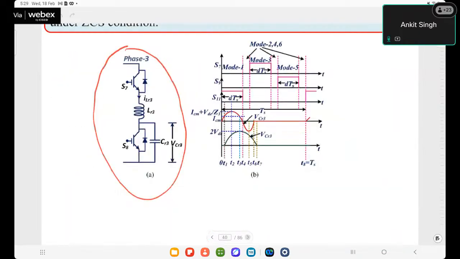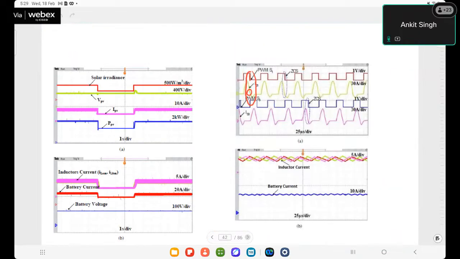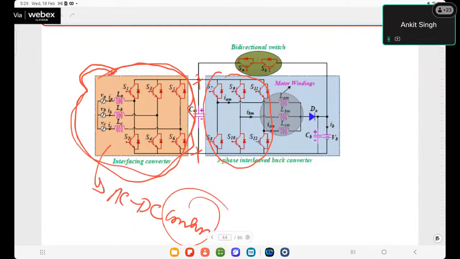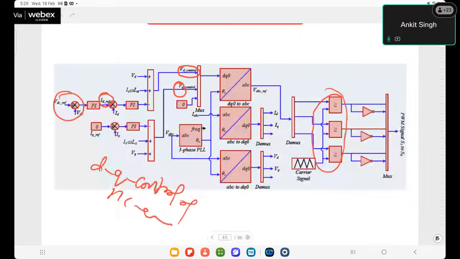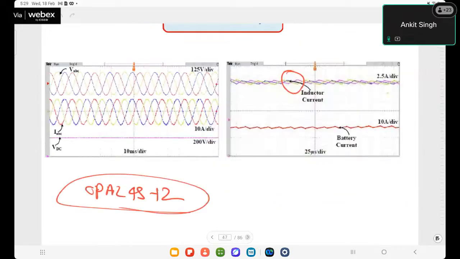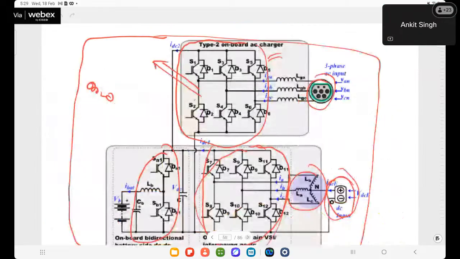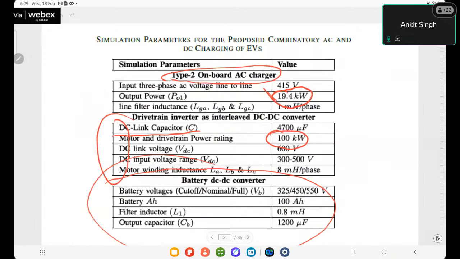If you look at most of the cases, we use neutral point access. In the topology I have discussed, the DC supply is connected between the neutral point and common ground.